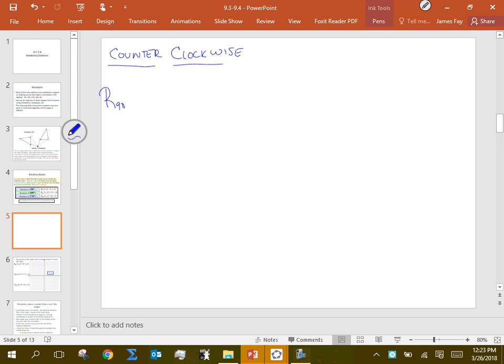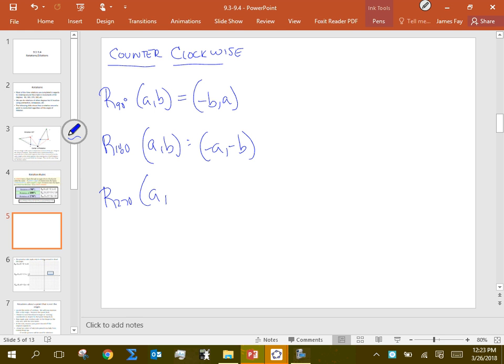So a rotation of 90 degrees of A comma B becomes the opposite of B comma A. A rotation of 180 degrees of A comma B becomes negative A comma negative B, and a rotation of 270 degrees of an ordered pair A B is going to become B comma negative A. That is exactly what the previous slide said to us. Okay, but those are counterclockwise rotations.